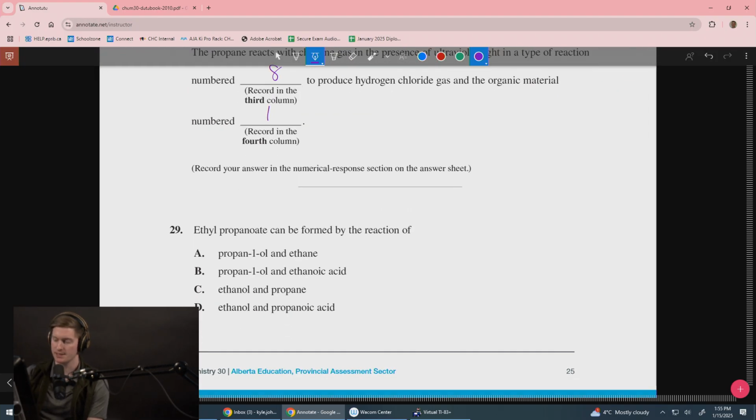Ethyl propionate can be formed by the reaction of which 2 things? I'm going to draw ethyl propionate just for some edification, but if you know your ester naming rules, then you'll know that the first word comes from our alcohol, and our second word comes from our carboxylic acid.